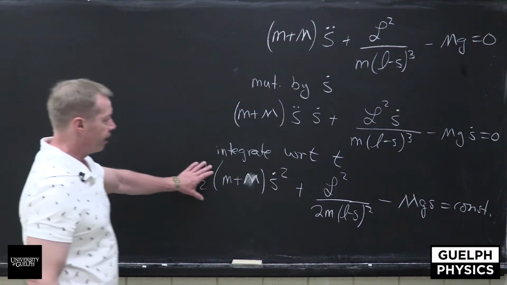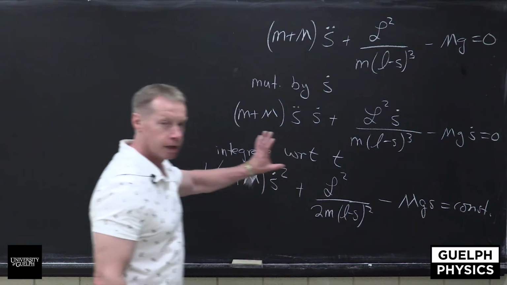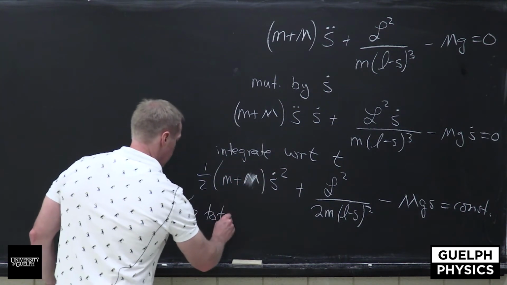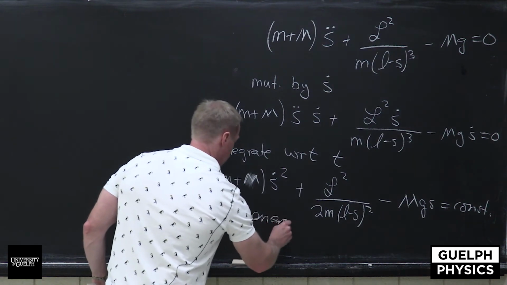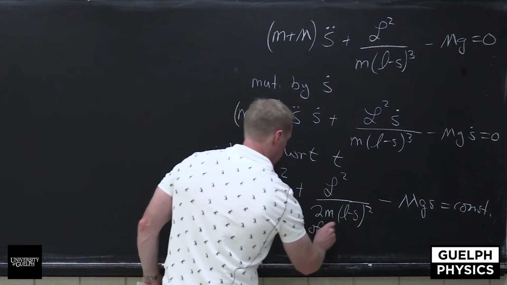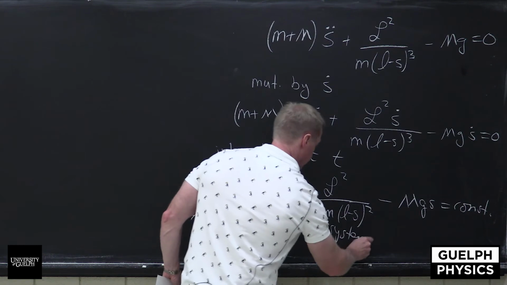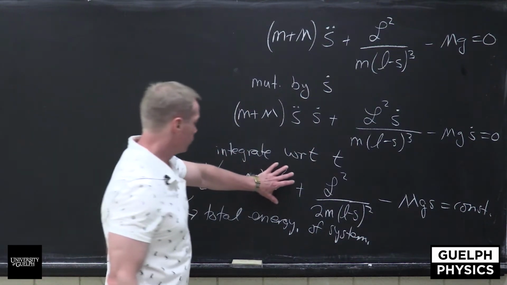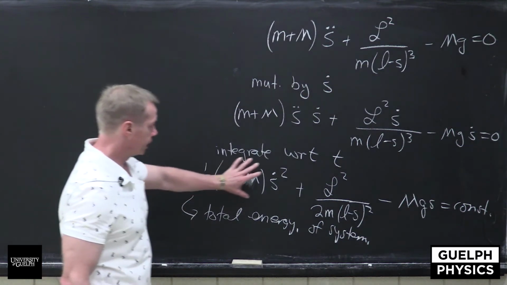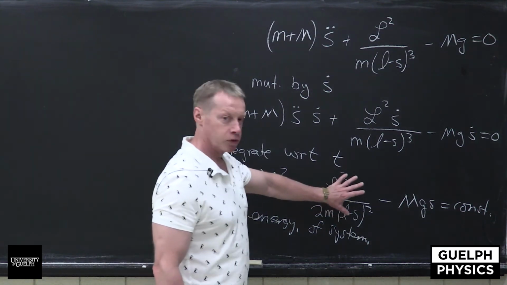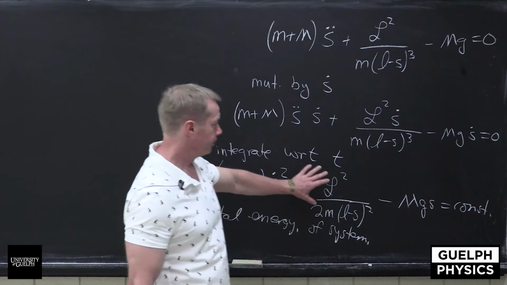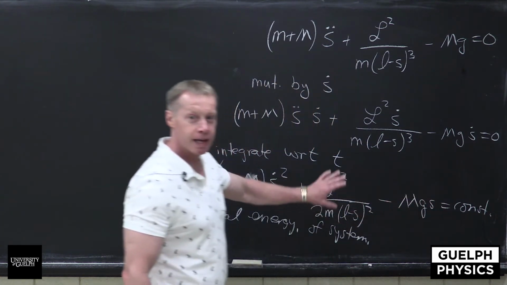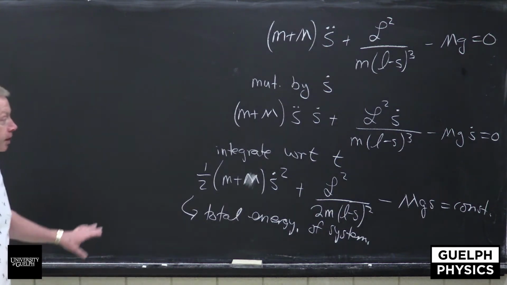And when we have it in this form, we'll recognize this is the total energy of our system. So we have the translational kinetic energy, we have the rotational kinetic energy, and we have the gravitational potential energy. And that has to be equal to a constant.